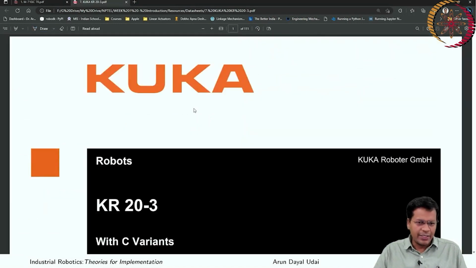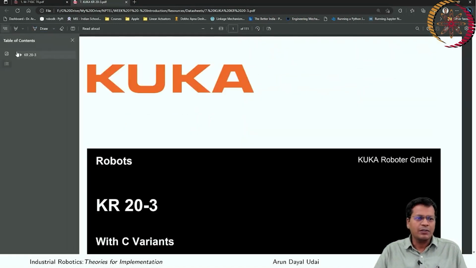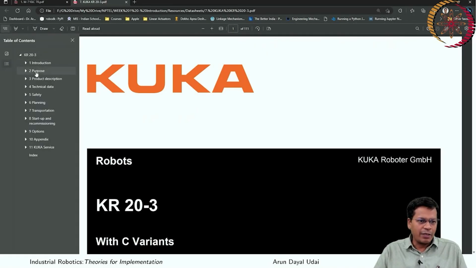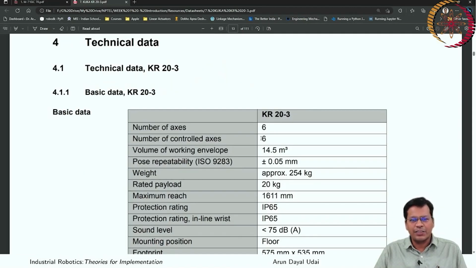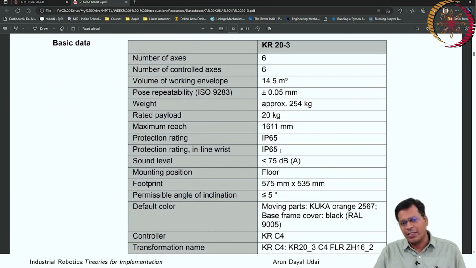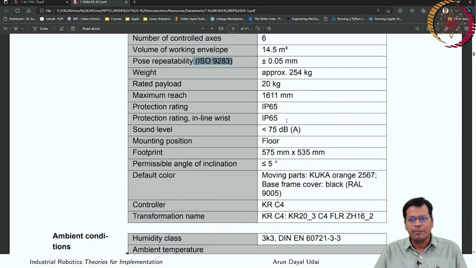Now let's say this is a KUKA robot, and I'll come directly to it. There are many other parameters given here, but in today's lecture I'll just cover the technical data. This is the number of axes. The working envelope is shown in meter cube, it's a volume. Repeatability, as per the certificate, is ISO 9283, 0.05 mm.